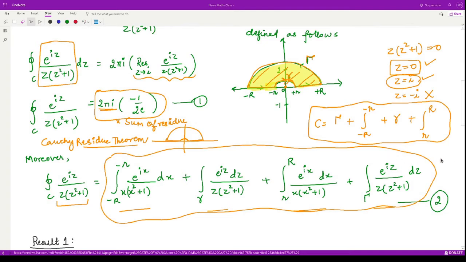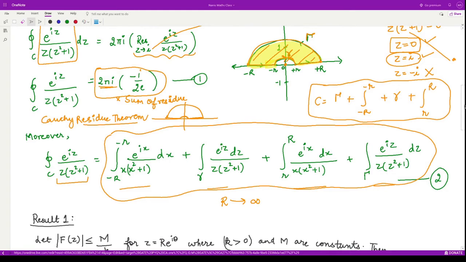So to answer that question, in the end we'll just make this r tend to infinity, such that this point would go to infinity. So in effect you will cover the whole of this complex plane. So let us just for the timing assume these things, right?